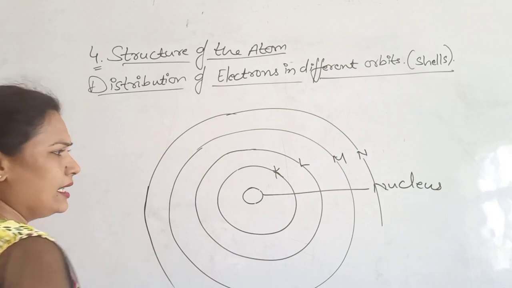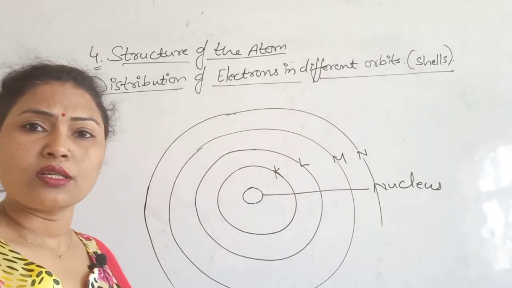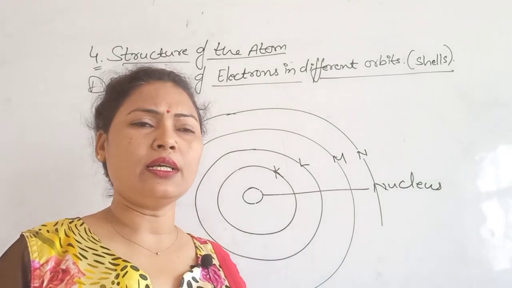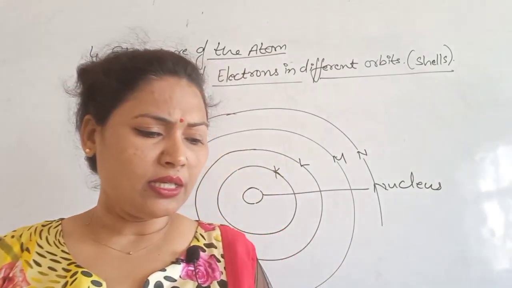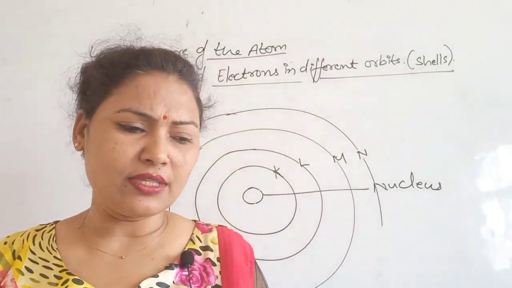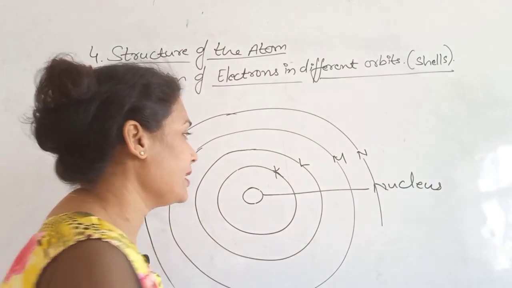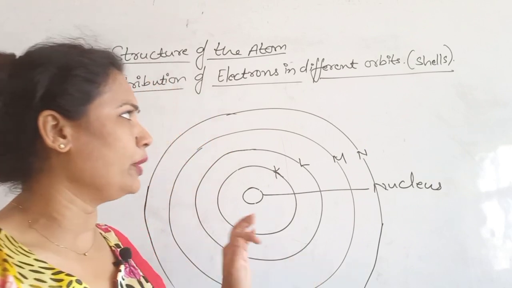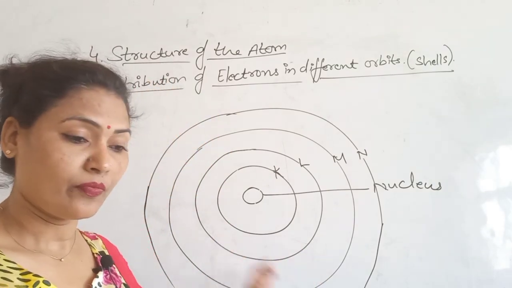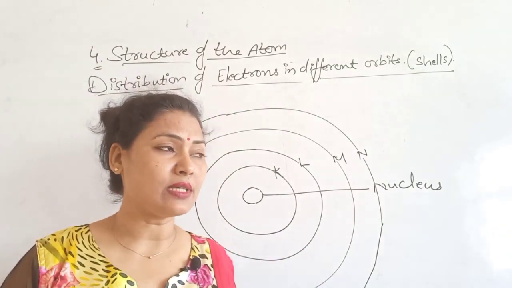Now these energy levels are also known as orbits, and shells. So different names are there.